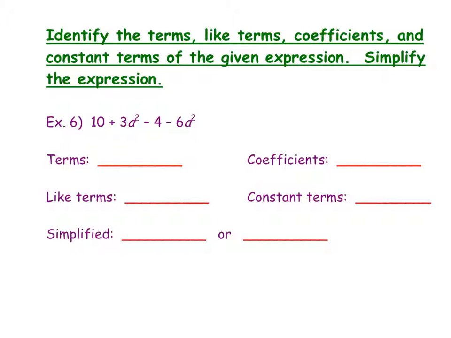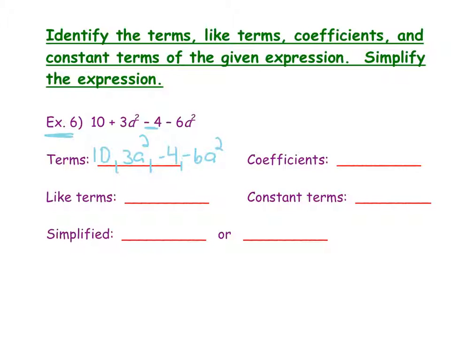All right, we want to identify the terms, the like terms, the coefficients, and the constant terms of this given expression. And then we're going to simplify the expression. So the terms of example 6 here, let me get my pen. The terms are 10, and then 3a squared, and then -4, because that negative sign goes in front of it, and then -6a squared.